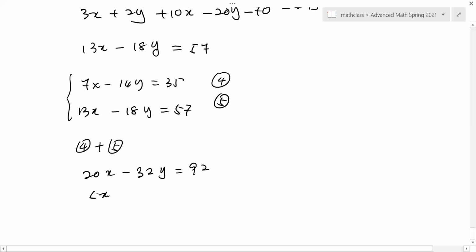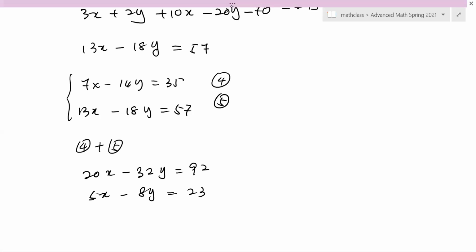It's 5x, 8y, and equals 23. Now, this equation does not help you too much, okay? So maybe we have to use a stupid way to do that, okay?